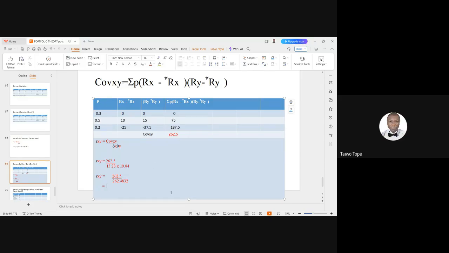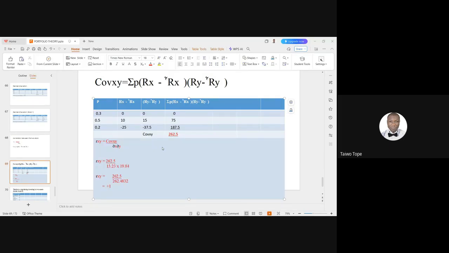So what is the interpretation? What is the meaning of 1? Interpretation means positive correlation, that is, when Y is increasing, X will be increasing. So it has a positive correlation. Okay, fine, that is good. Let's move to the next point.